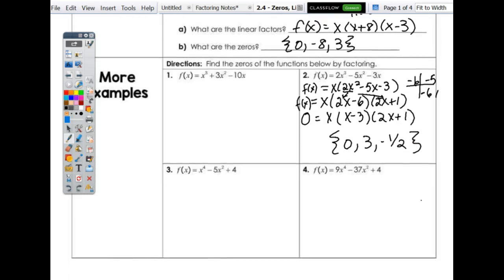So I want to do the same thing on number 3, where I'm going to take a times c, and there's no leading coefficient this time. So it's 4 and -5. So I'm going to have -4 and -1. But this time I do have x to the 4th.